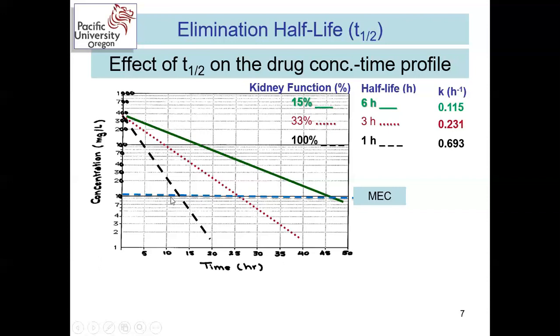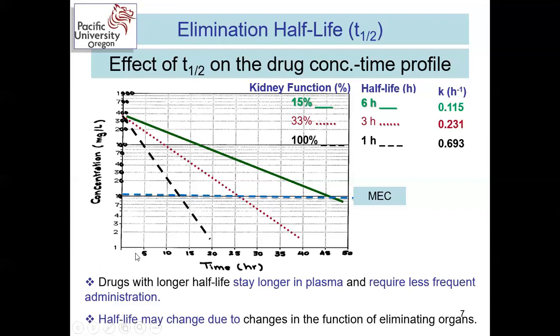If you don't adjust the dosing regimen and you keep giving the drug every 12 hours in these two situations, you are accumulating the drug in your patient and you expose the patient to high risk of toxicity. So longer half-life means slower rate of elimination and the drug molecules stay longer in the circulation.